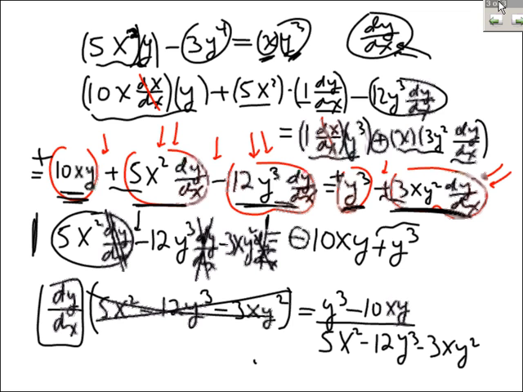Okay, now the instructions might have said, instead of just find dy dx, it might have said find dy dx at the point, well, if x is 1, let me think what y should be.